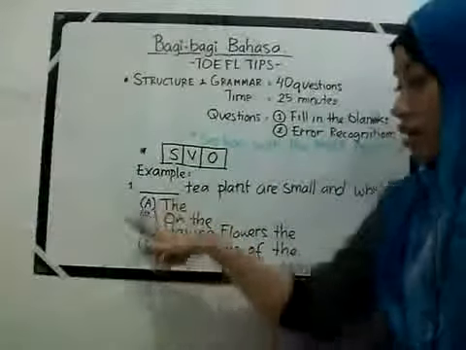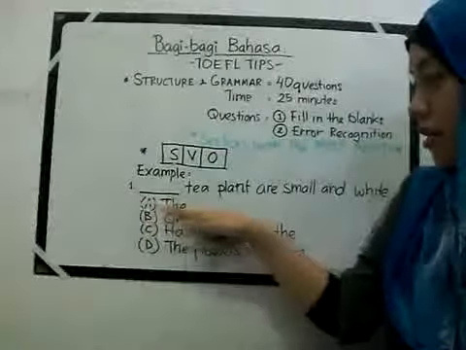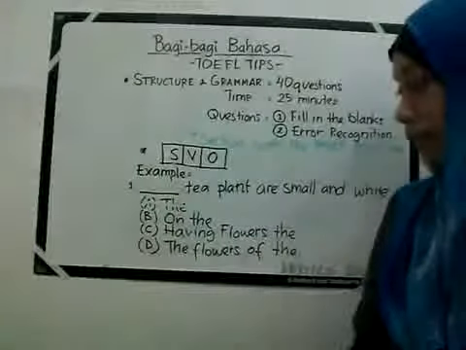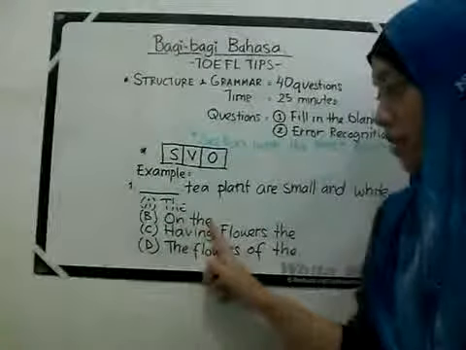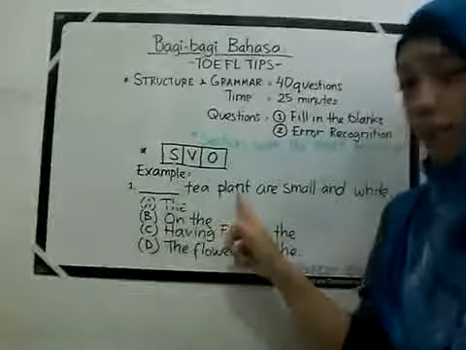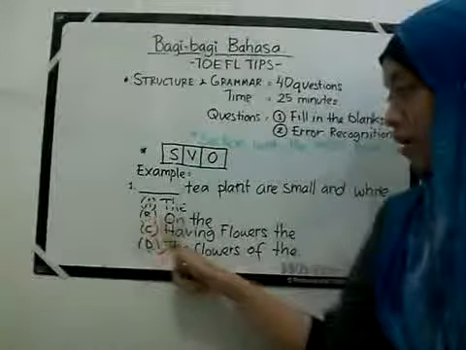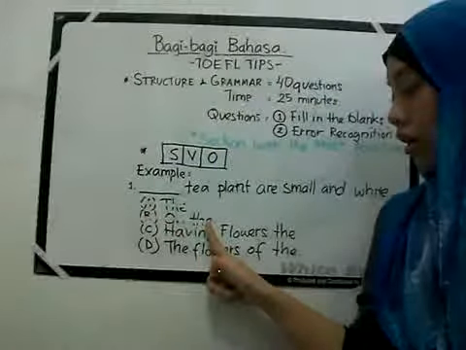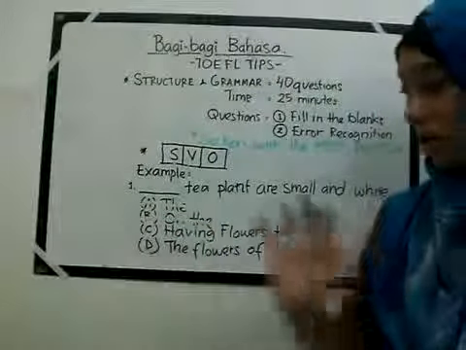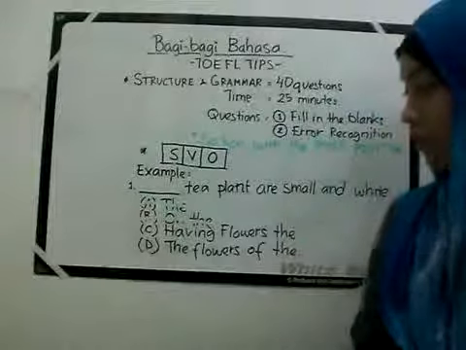Jadi otomatis ini bukan jawabannya. Begitu pula on the, sama saja, hasilnya tunggal, sedangkan di sini jamak. Jadi B otomatis tidak tepat.